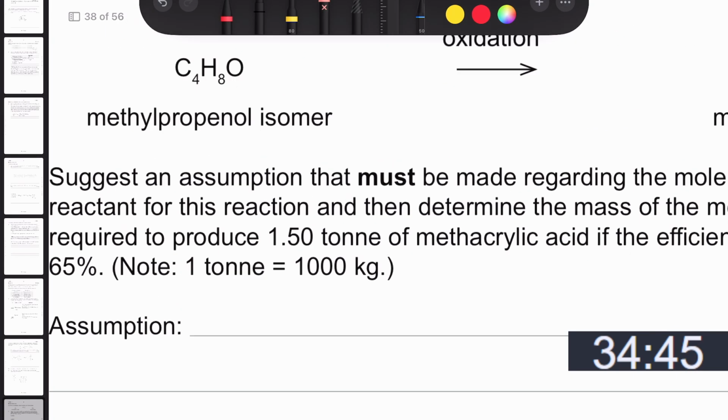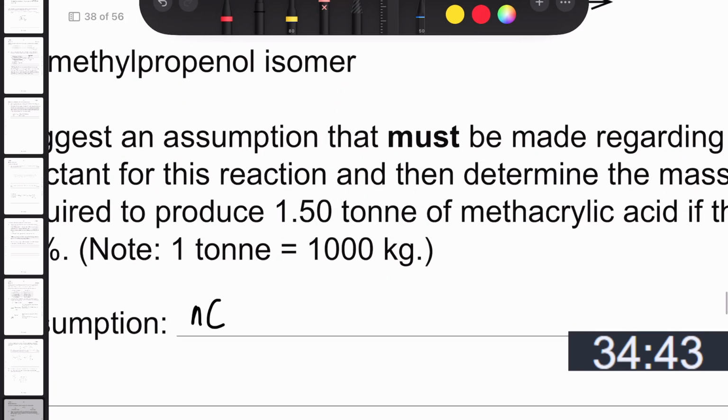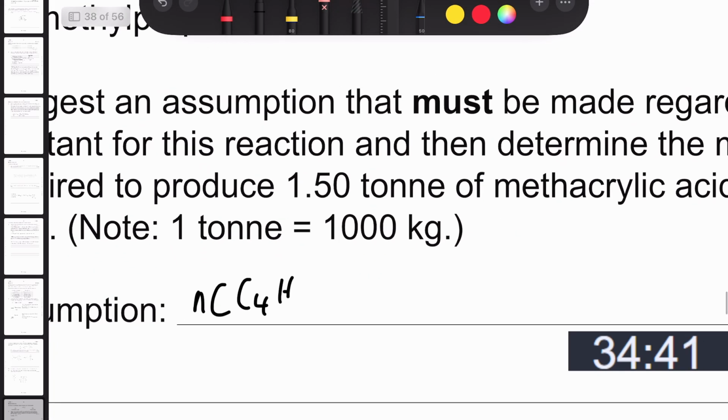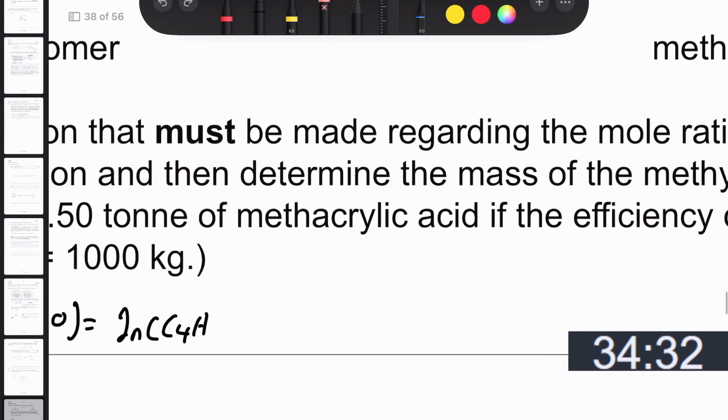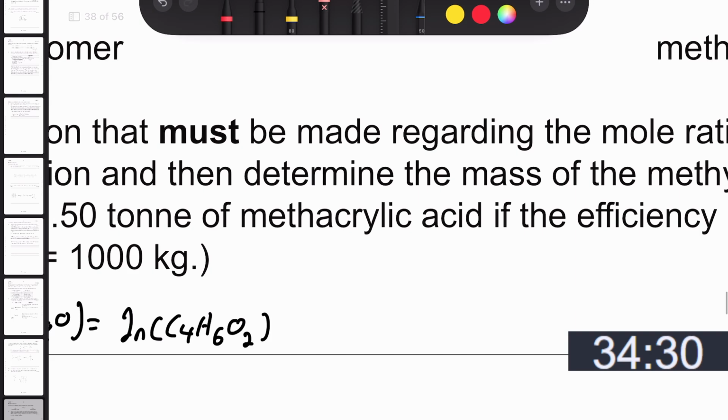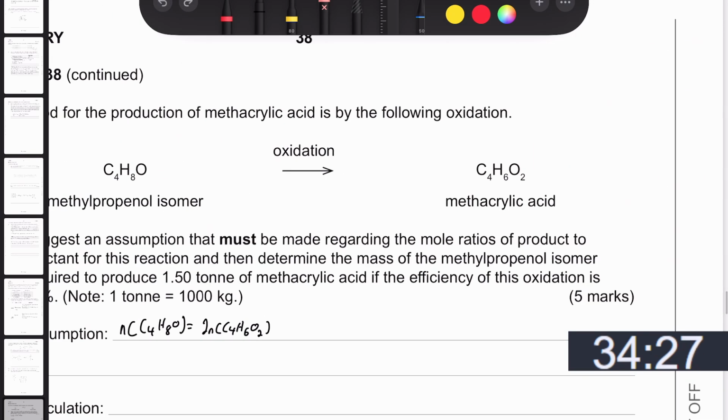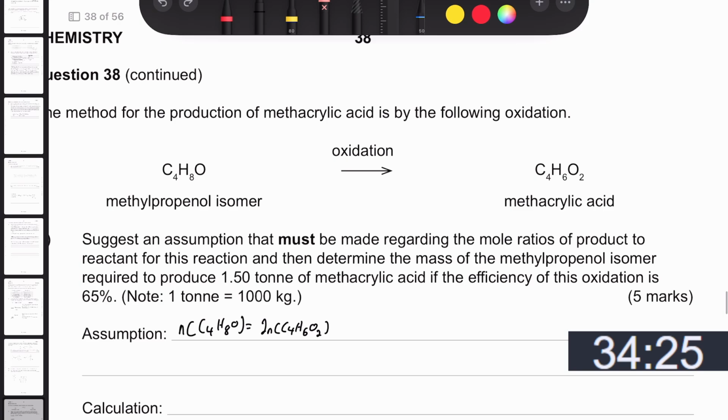The number of C4H8O would be equal to the number of C4H6O2, because oxidation is just one molecule getting oxidized to another.